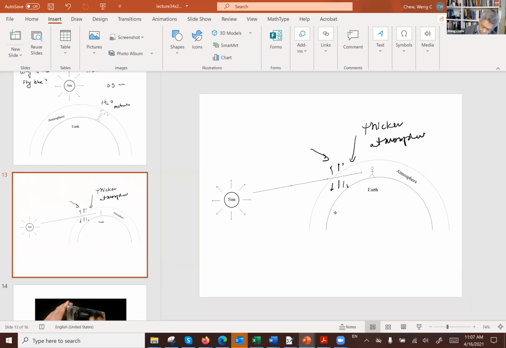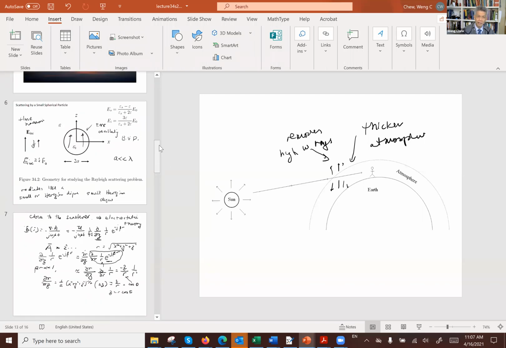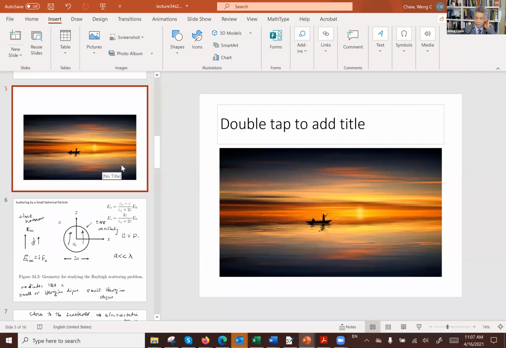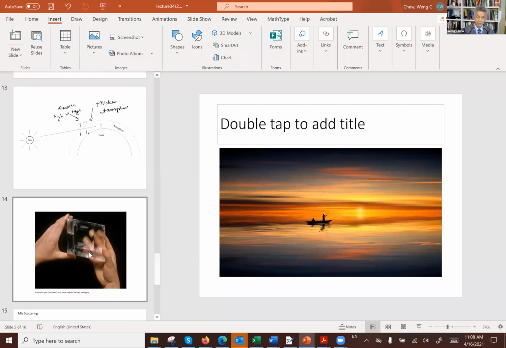It removes high omega rays. So if you take the solar spectrum and take out the high frequency component of the sunlight, what is left behind is a low frequency component that reaches your eye, and those are the red light. So that's why when you are looking at the sunset, you see a beautiful red glow, because all the high frequency components have been removed. We can explain this using Rayleigh scattering.